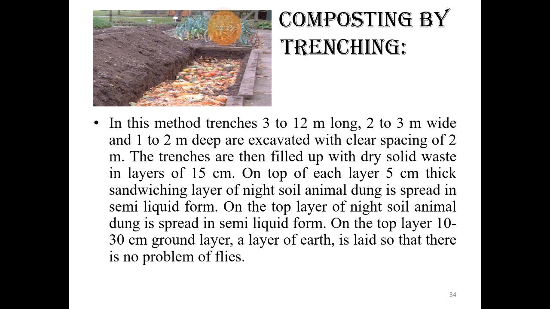And on its top, a 10 to 30 centimeter thick soil layer is spread to prevent the attack or breeding of flies. Here in the picture, we can see a setup of composting by trenching method.